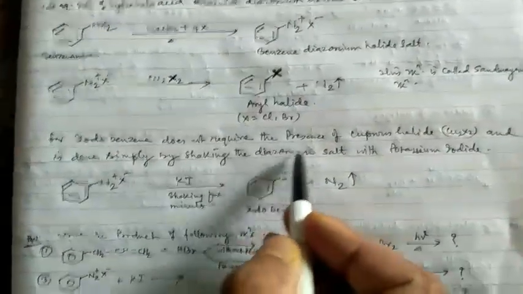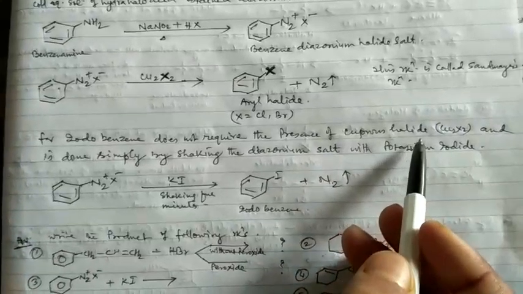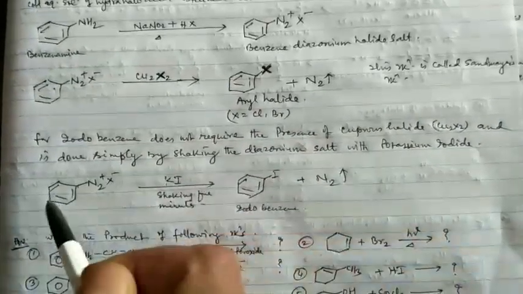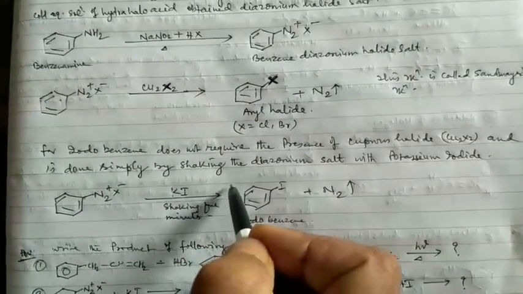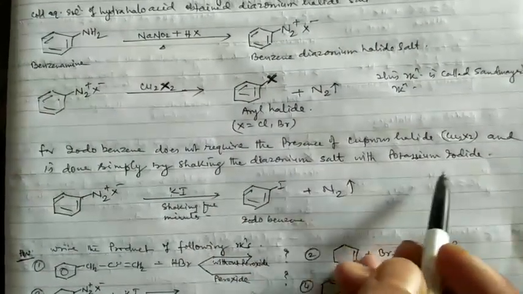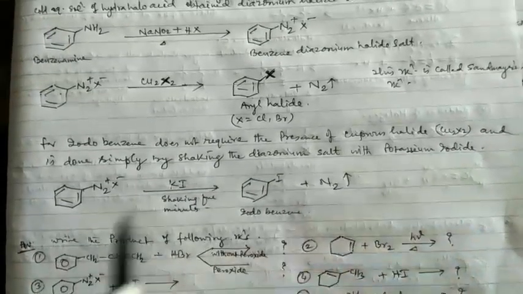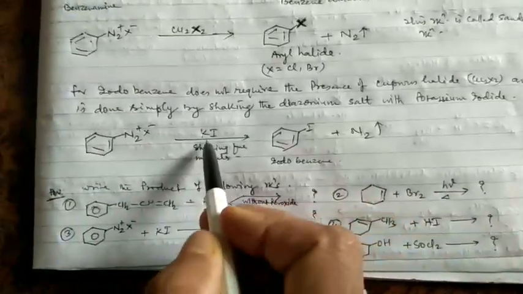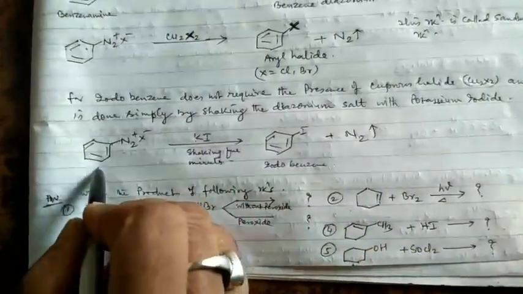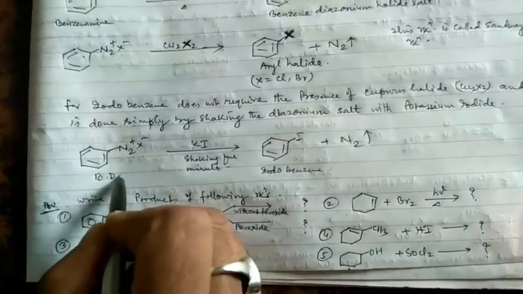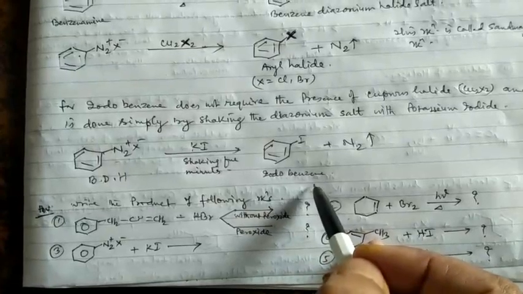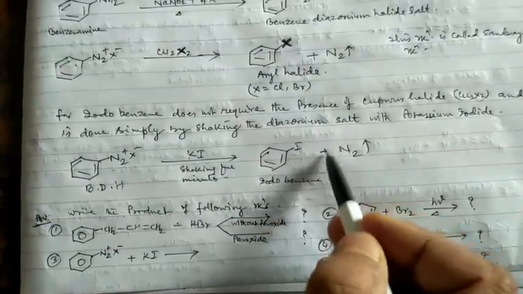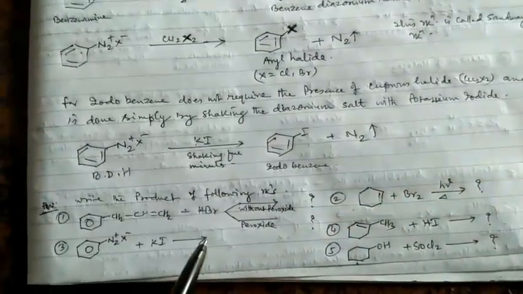For iodobenzene, the presence of cuprous halide is not required; it is done simply by shaking the diazonium salt with potassium iodide, giving iodobenzene, and N2 gas is evolved.